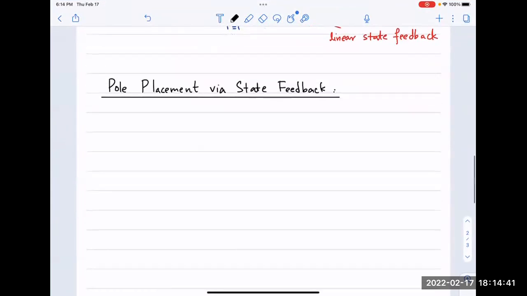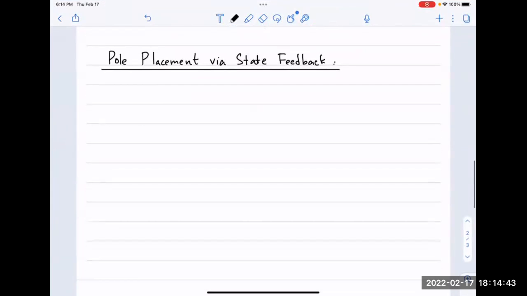In other words, to understand what we want to do, we are looking at the traditional system, which is the standard LTI system.